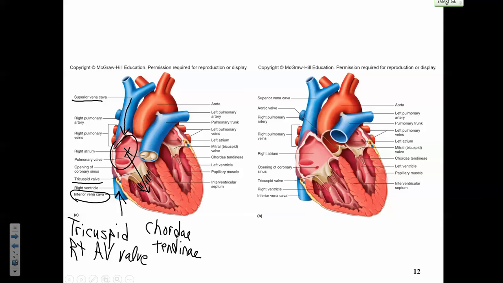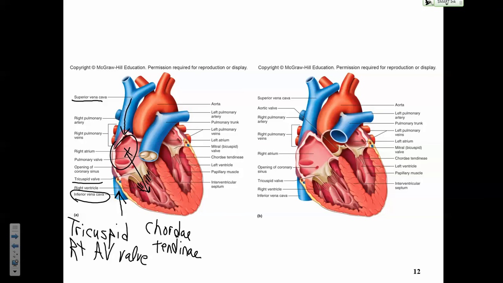All right, but as that valve collapses down against the wall of the ventricle, if the blood starts backing up in the opposite direction, like when that ventricle contracts and when it fills up with blood, watch. The valve comes back like to the top of the pie crust, but because of those strings, the chordae tendineae, it can't go further than that, so it can't flap up in the upper direction. So do you see how it prevents the blood from going back up into the atria? Okay, so that's our first valve, the tricuspid valve.